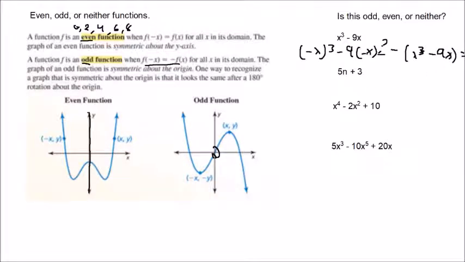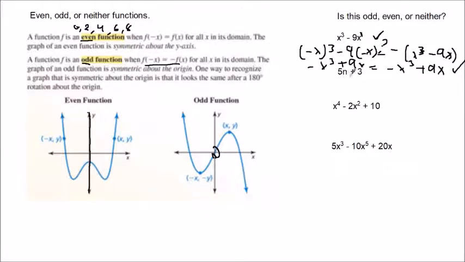Negative x cubed is just negative x cubed, right? Negative 9 times negative x is plus 9x. Is that equal to negative x cubed plus 9x? Yes, it is. So since these have odd exponents, they're always odd.